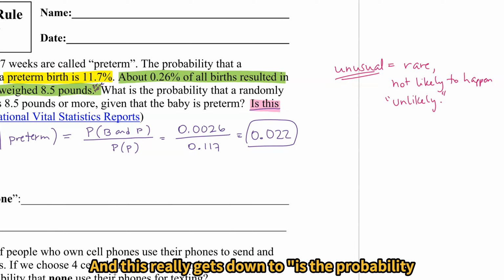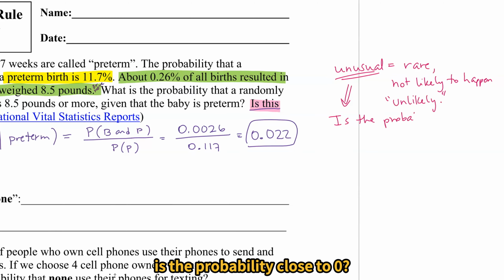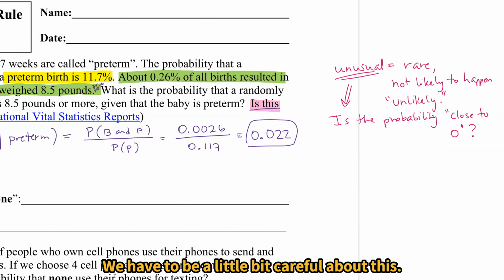And this really gets down to, is the probability really small? So unusual is really asking, is the probability close to 0? Now that idea of close can be arbitrary, so we have to be a little bit careful about this.